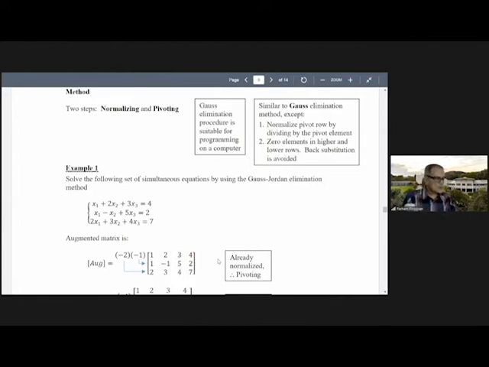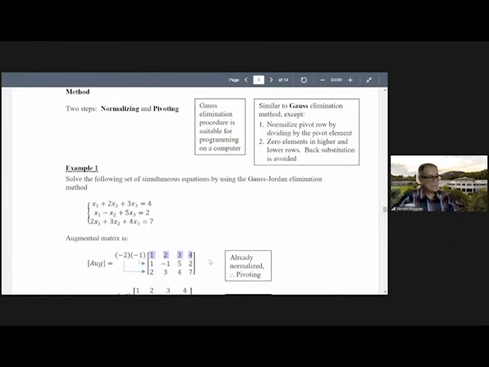Now we use 2 properties that matrices have in order to solve this system of equations. One property is that we can always multiply a row or divide a row by any number.